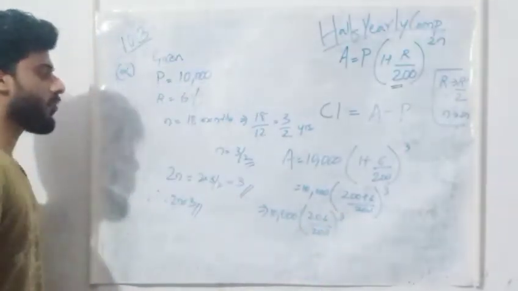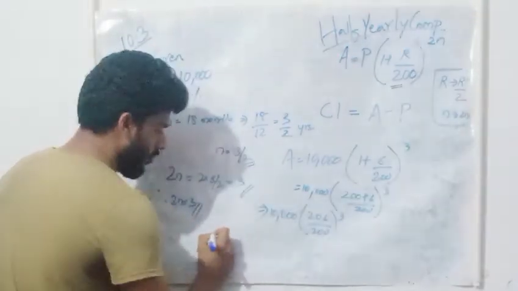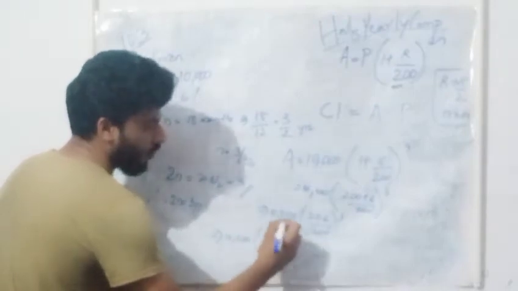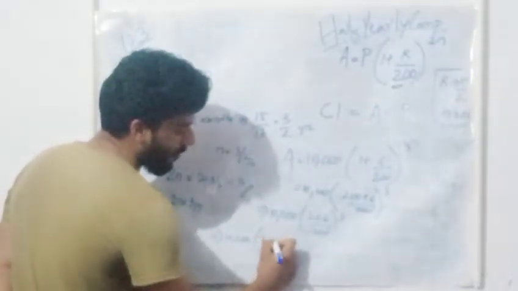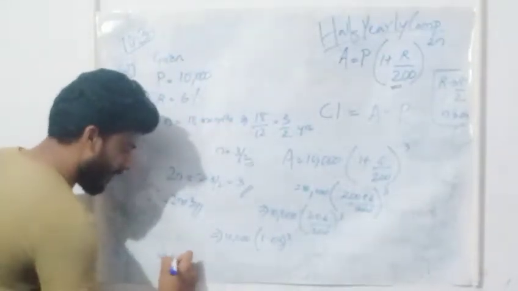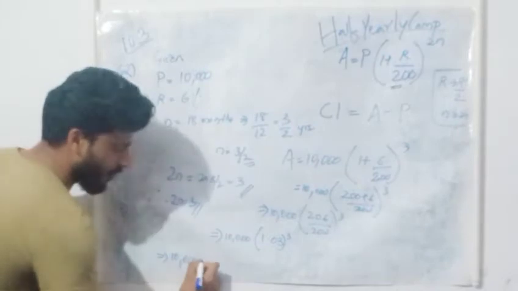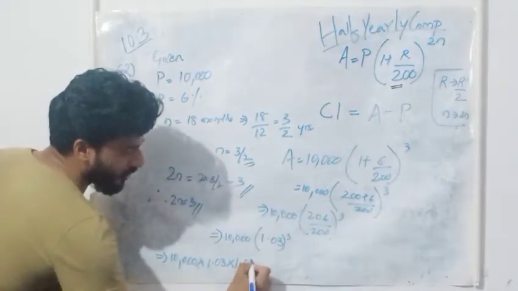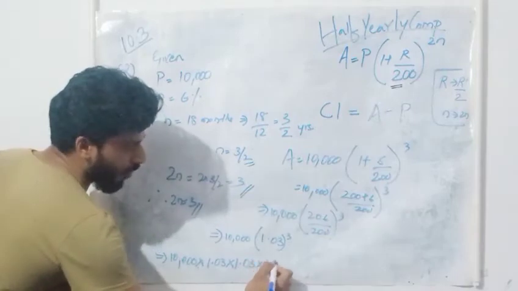I'm just solving 206 divided by 200. Our answer will be 10,000 into 1.03 whole cube. So that will be 10,000 into 1.03 into 1.03 into 1.03.